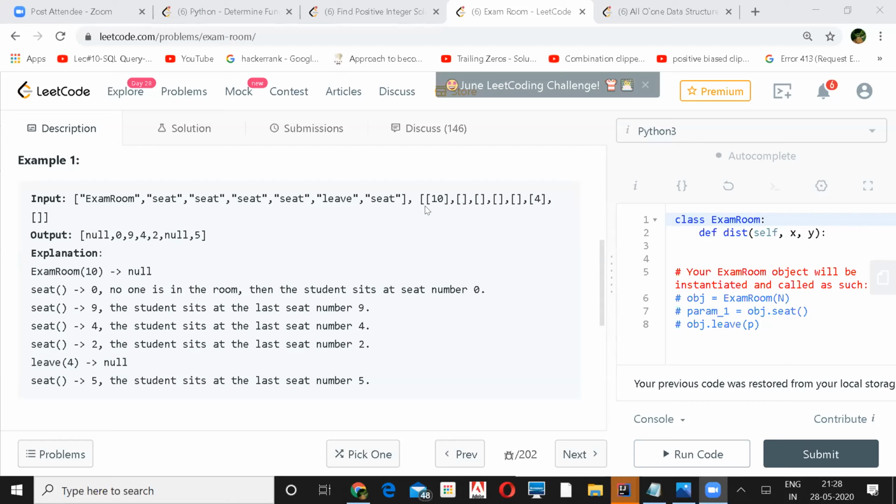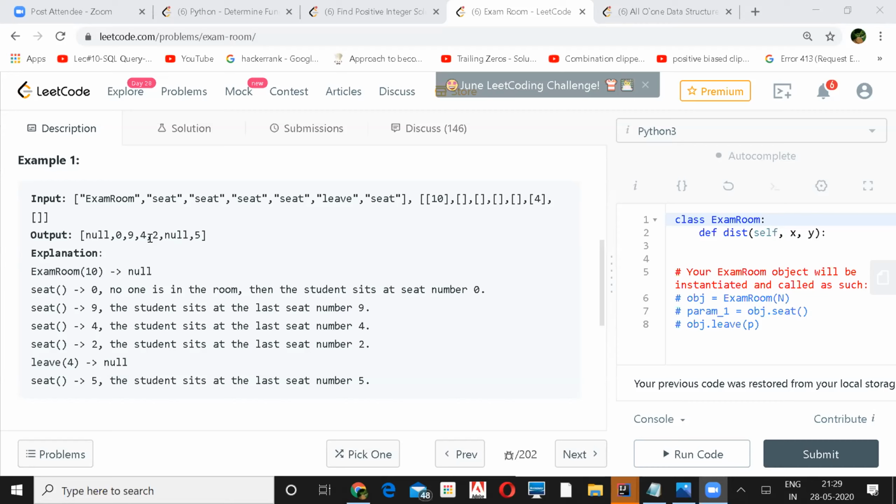Oh yeah, sure. I got the concept of how you are finding the index of the optimal maximum distance, but about the leave, how are you reading the second argument of the input array of 10 empty arrays and then 4, right?